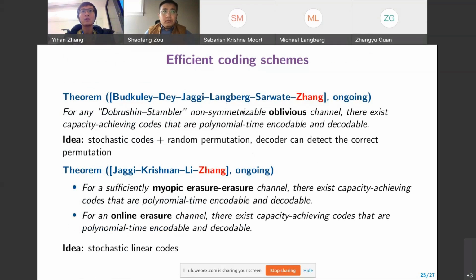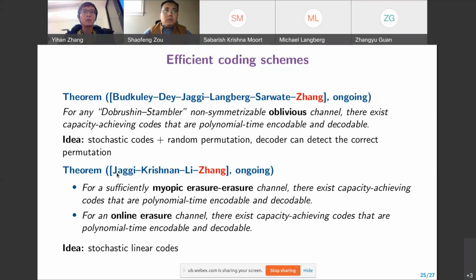Again, there are some technical conditions called Dobrushin-Stambler non-symmetrizable oblivious channels. Not clear what it means, but it's not important. Basically, for some nice large family of oblivious channels, we can construct capacity-achieving codes that are polynomial-time encodable and decodable. The idea here is that we can use stochastic codes with some additional infrastructure to help efficient decoding and encoding.